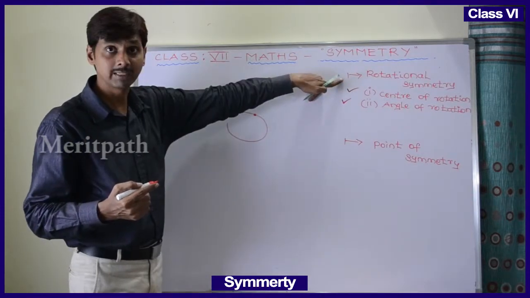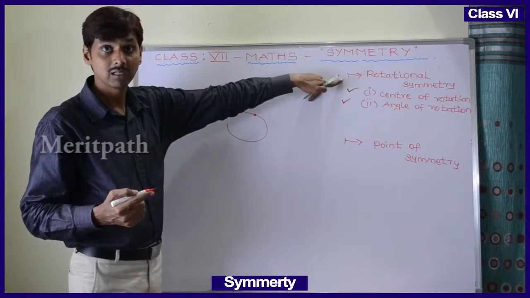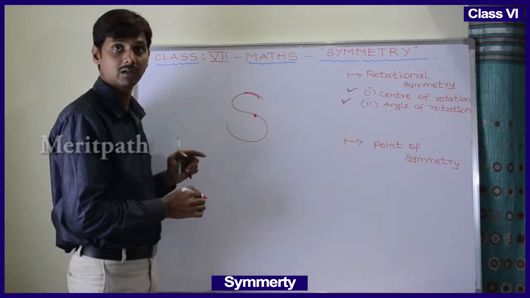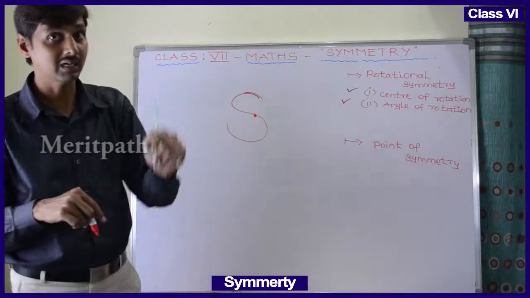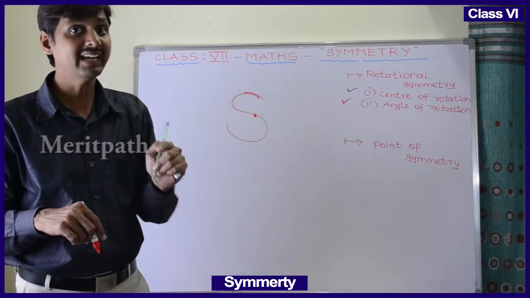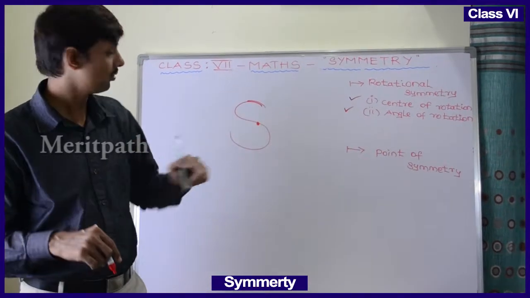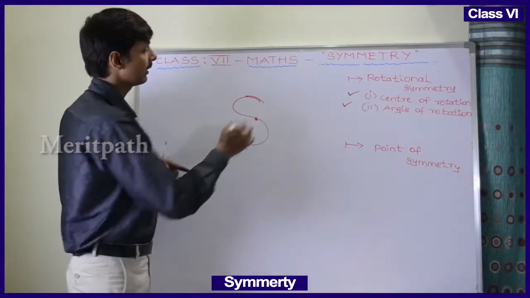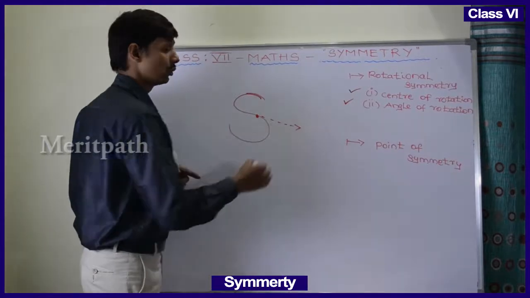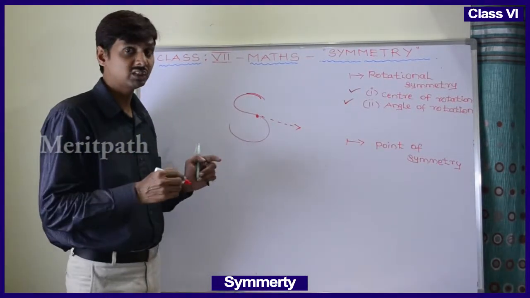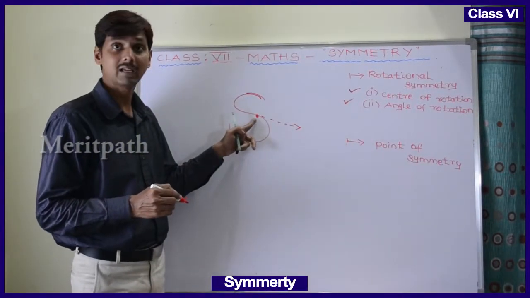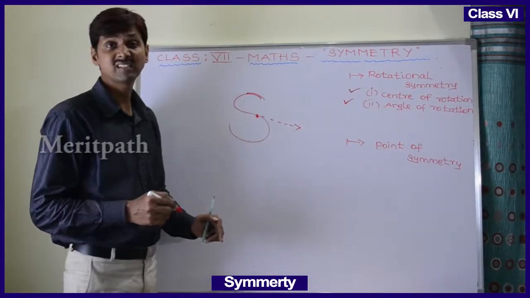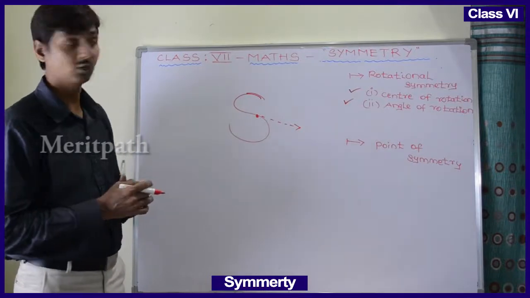The same as we take the same position of the point here, and when we rotate for 180 degrees, it regains its position of S. So this is called point of symmetry, the point which made it get its original position. So this is the concept of point symmetry and rotational symmetry.